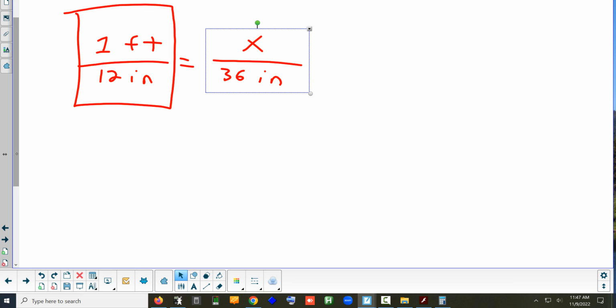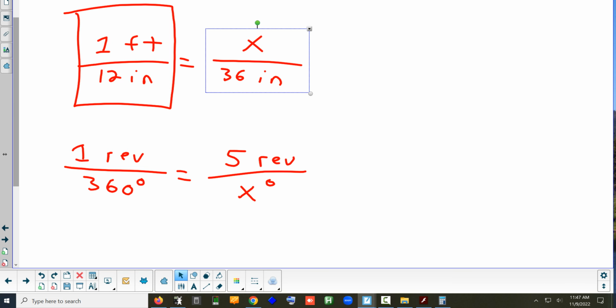If we wanted to convert between degrees and revolutions, I think you guys already know the fact that's true there. One revolution is 360 degrees. So if you wanted to know 5 revolutions, you could cross multiply and solve. But I'm more interested in converting between degrees and radians.